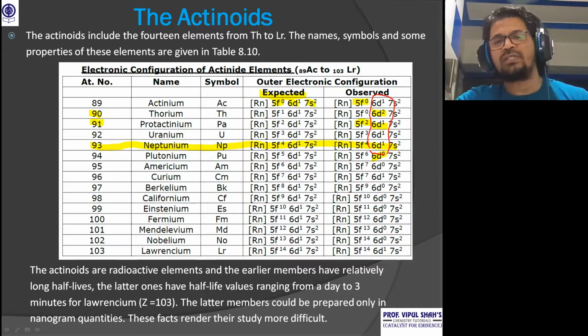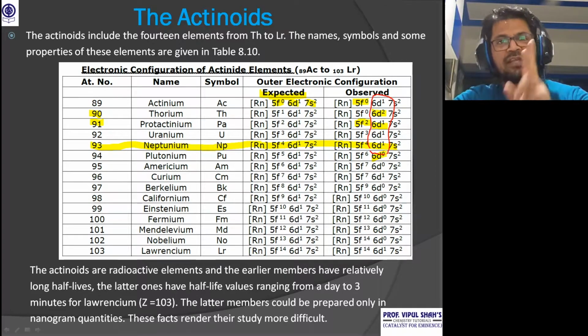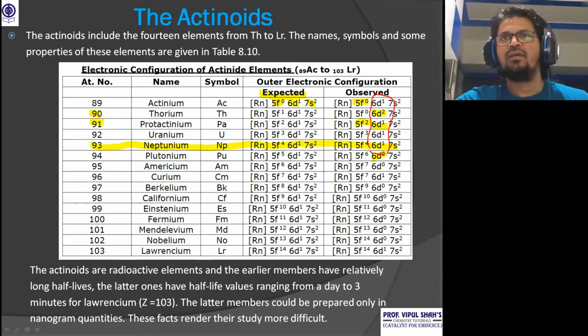So basically, what is the understanding? Normally 1 electron stays in 6d, like what we see in lanthanum, only when it was empty, half filled and completely filled. That was for lanthanum, gadolinium, and the last one, lutetium. In this case, the 1 electron is there, but in the case of thorium, an exception, straight away 6d2, and then till neptunium the 6d1 electron is retained, and then it reverts back to 5f.